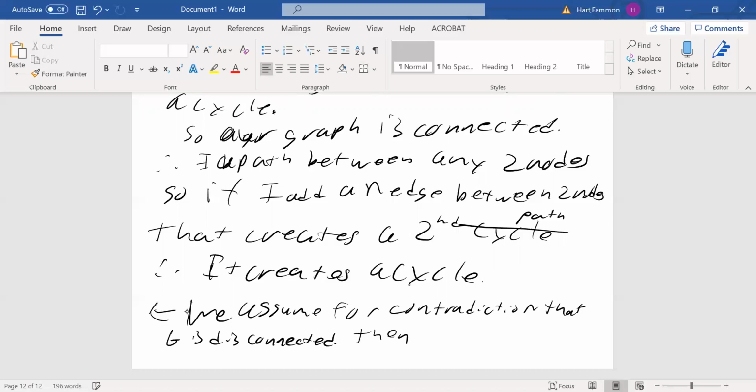Then I can use my new edge to connect them, not creating a cycle.